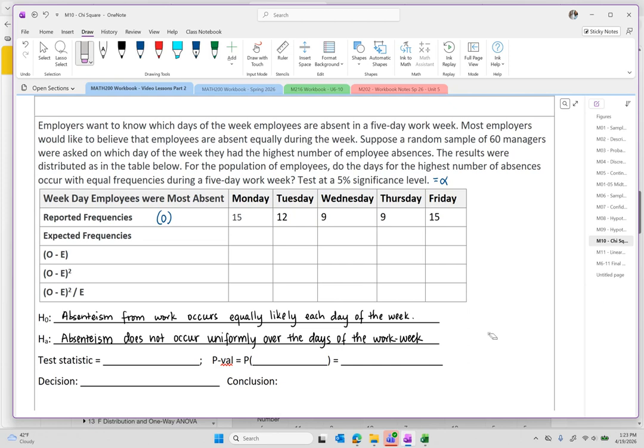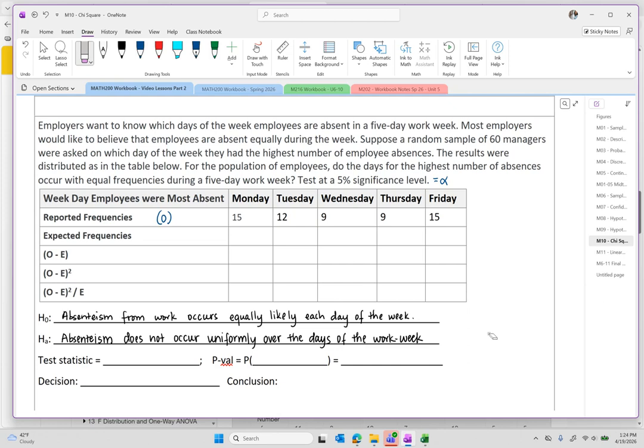Now, in this particular problem, we are doing a test at the level of significance alpha, and we want to know if absences for employees occur at highest numbers certain days of the week and at lowest numbers other days of the week. Our null hypothesis is that theoretically employers believe that the employees are absent equally during the week.